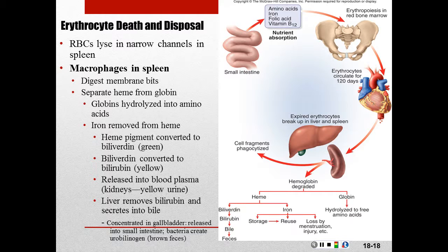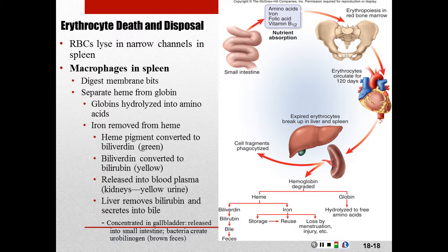The rest of the heme is converted by the macrophages into a greenish pigment called biliverdin, and then to a yellow-greenish pigment called bilirubin. Bilirubin is released and binds to the albumin in the plasma.